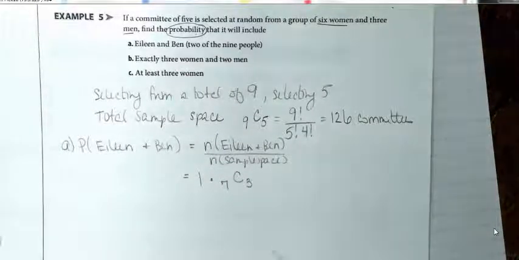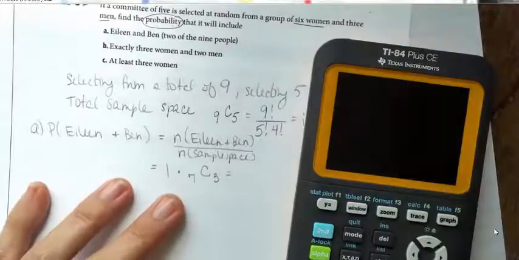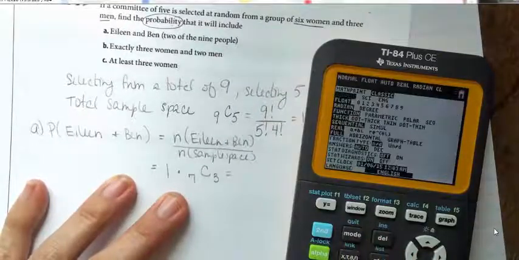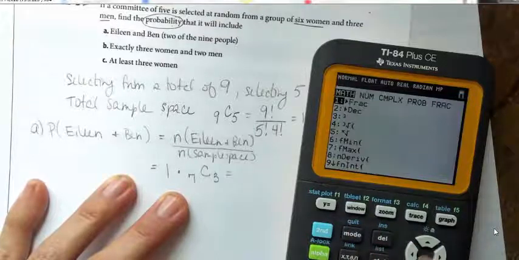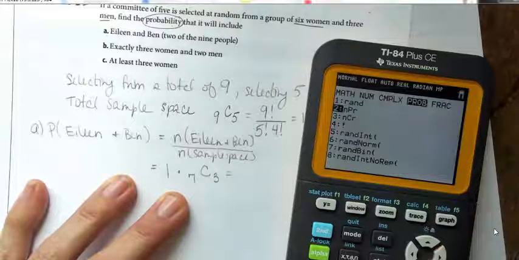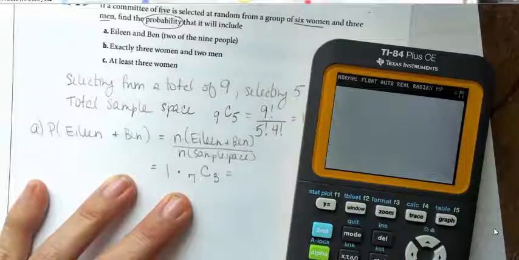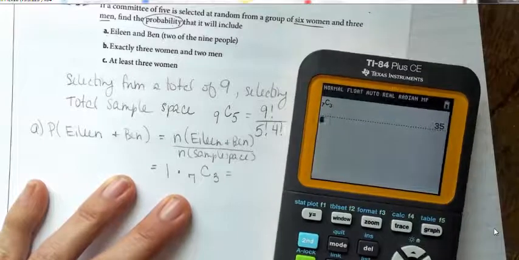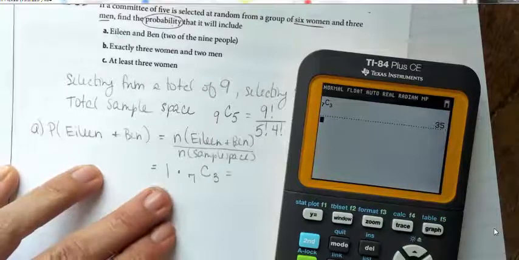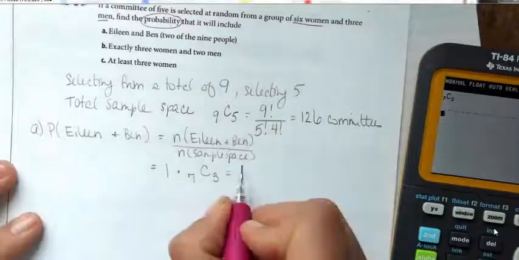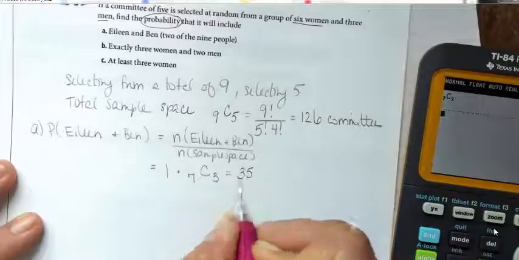Okay, and when you do this, I'll just go ahead and use my calculator on that one. Go back to my math print mode. Practice it both ways. Make sure you can use your calculator, and then also make sure that you can do it by hand using those ratios. So this would be 1 times 35, or 35.